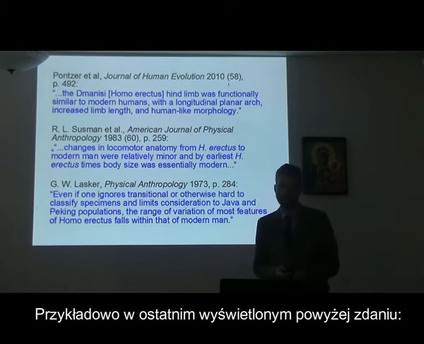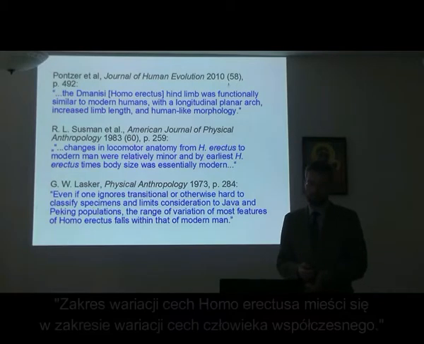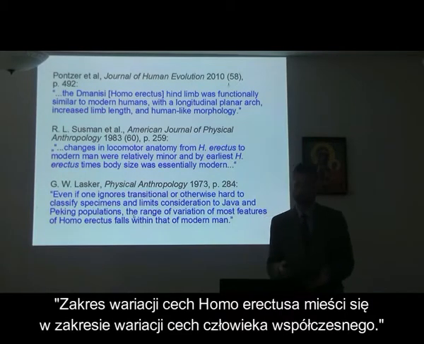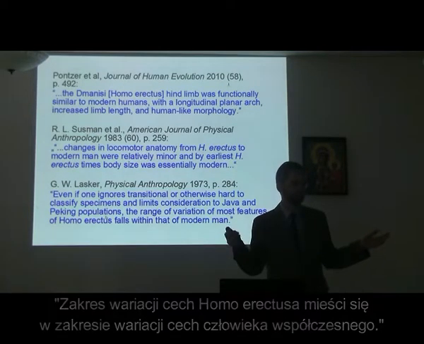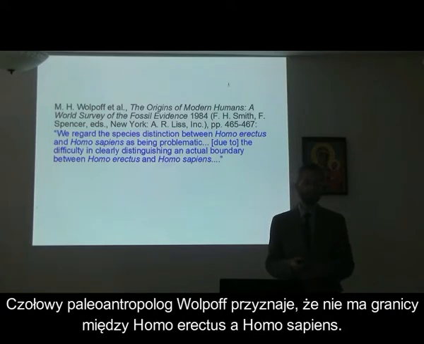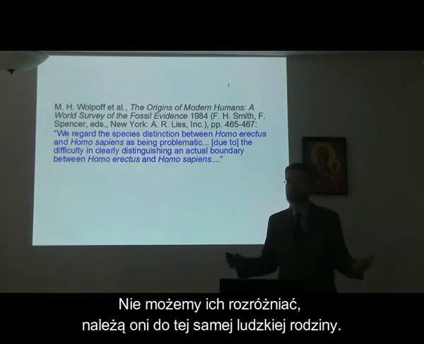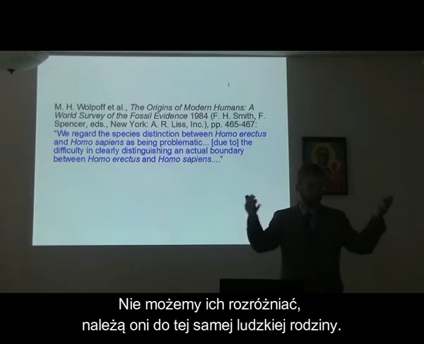For example, in this last sentence here: the range of variation of most features of Homo erectus falls within that of modern man. And leading paleoanthropologist Wolpoff admits that there is no boundary between Homo erectus and Homo sapiens. We cannot distinguish them. They belong to the same human family.